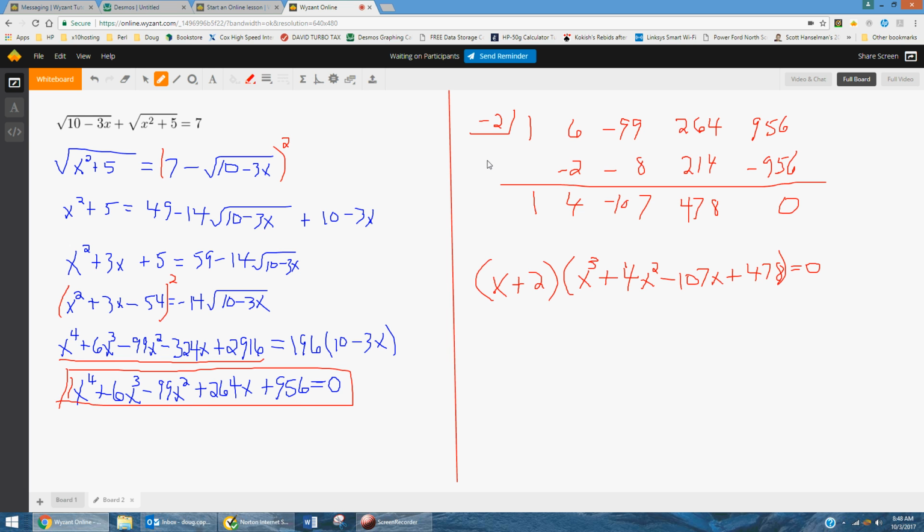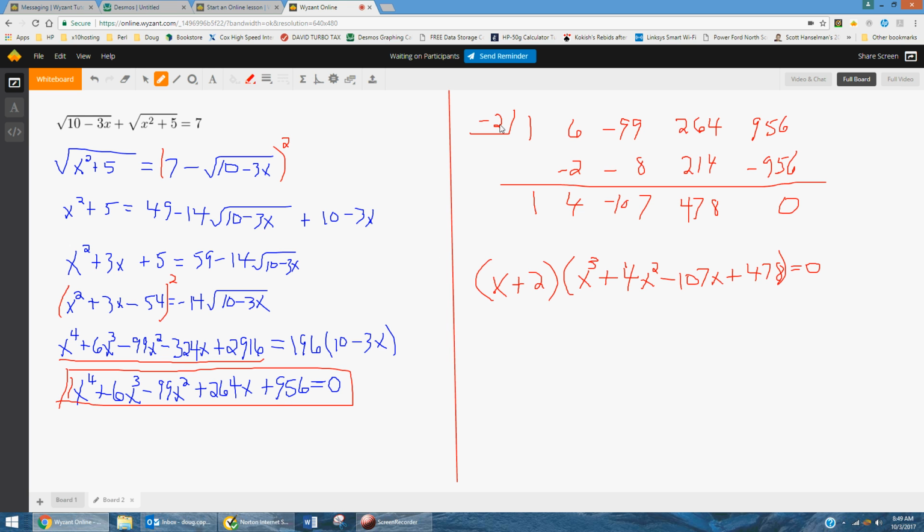It's called synthetic division. The only reason I tried -2 is because I knew by the graphing solution that -2 was an answer. So if you use synthetic division on this polynomial, and what these numbers are here are the coefficients of the left-hand side, 1, 6, -99, 264, 956.